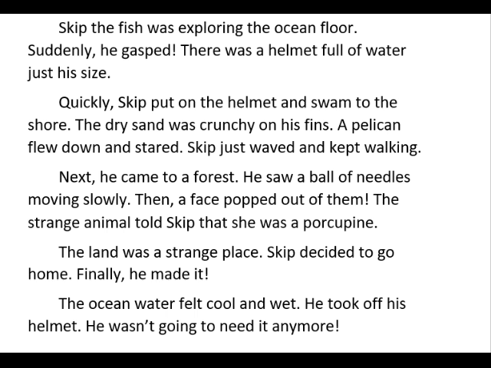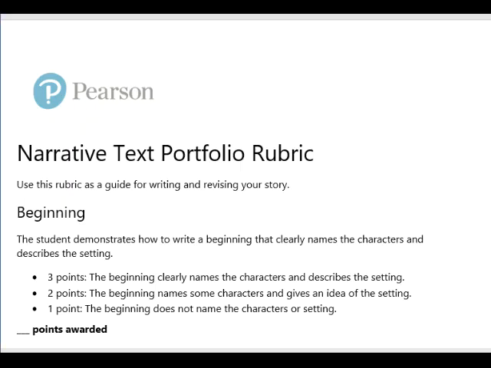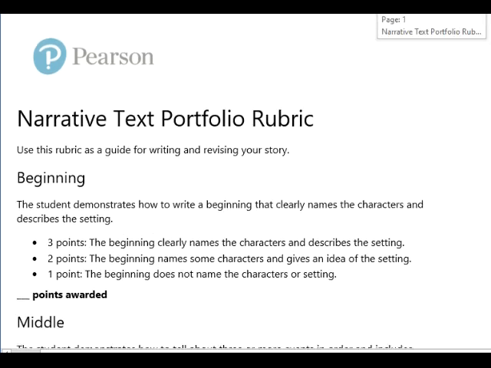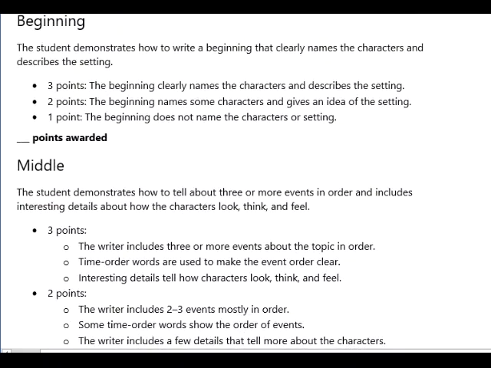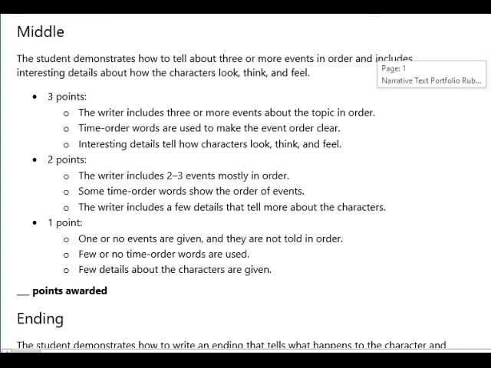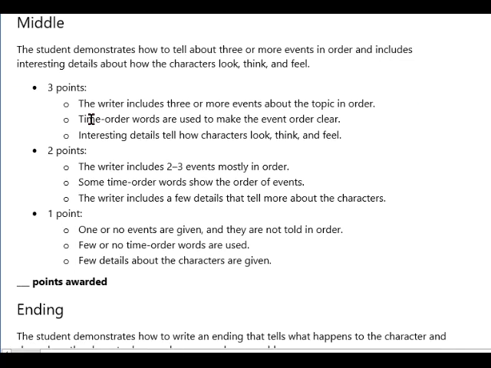Before we go, let's look at our rubric to make sure we haven't forgotten anything. This will help make sure that we get the very best grade. In the beginning, if you want all 3 points, make sure that the beginning clearly names the characters and describes your setting. In the middle, if you want all 3 points, make sure the writer includes 3 or more events about the topic in order, and time order words are used to make the event order clear.